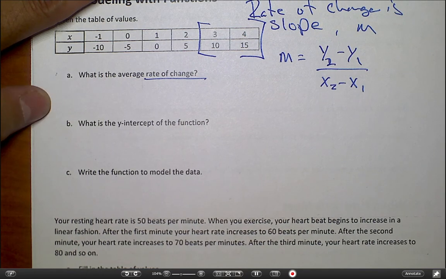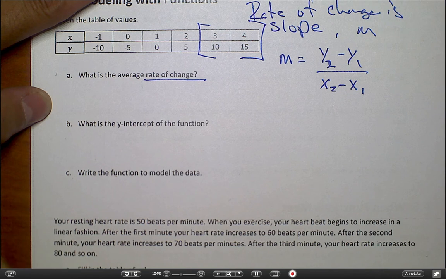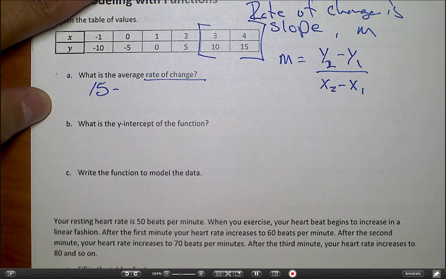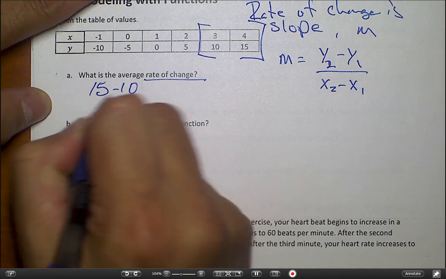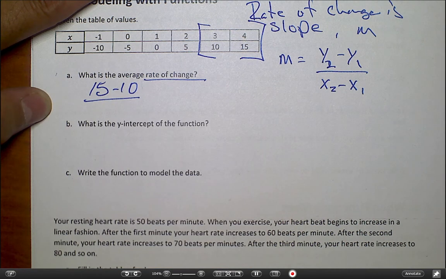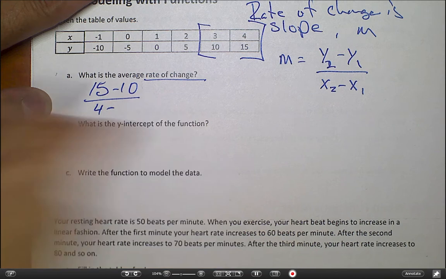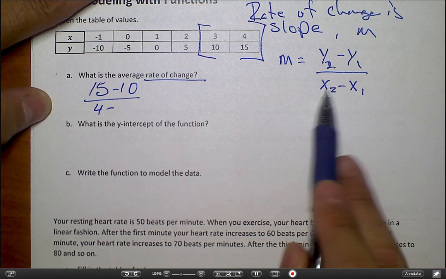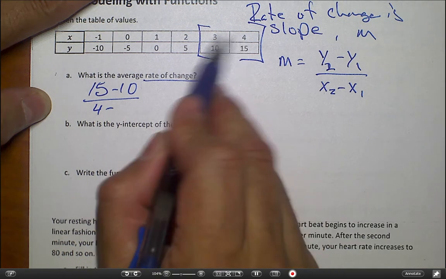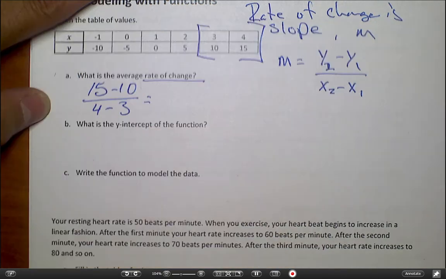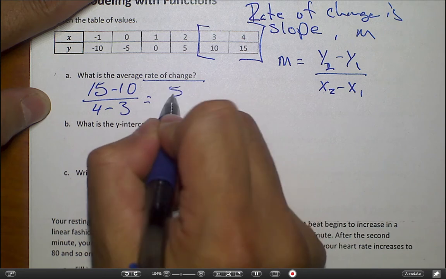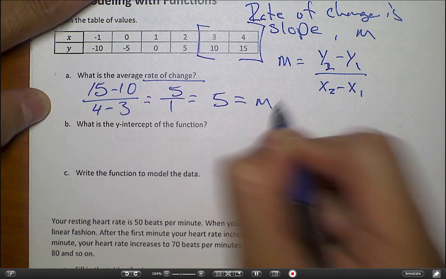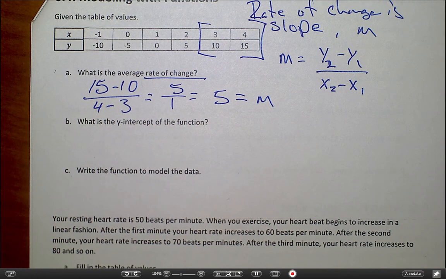So what's y from the second point, 15, minus y from my first point, over x from my second minus x from my first. So 5 over 1, which gives me m, rate of change, my slope, all that good stuff, right?